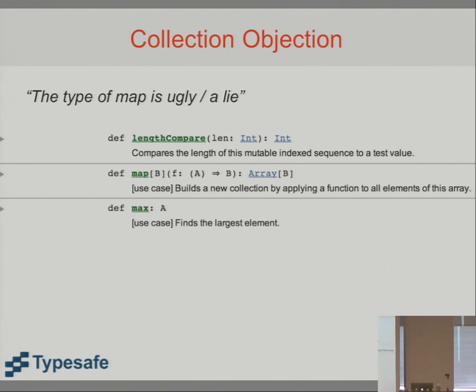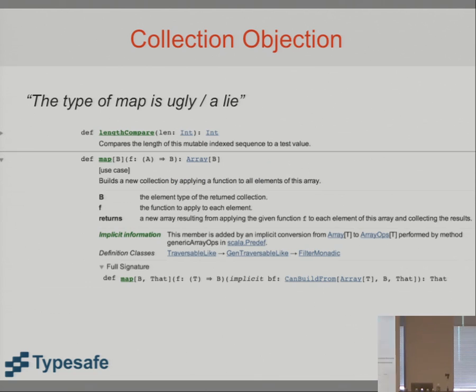So let's look that up. Here, if you look it up in the Scaladoc, you see, let's say for the array data type, you find the map function, and it gives you a function from A to B and an array of B, given an array of A. That looks good enough, but there's this use case underneath, and of course if you are fluent in Scala documentation, you know that something hides behind the use case.